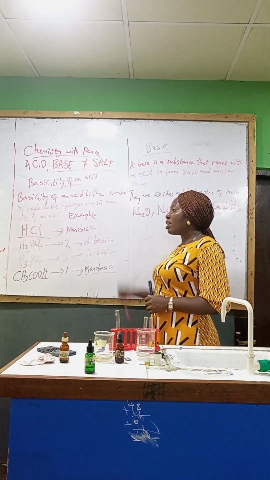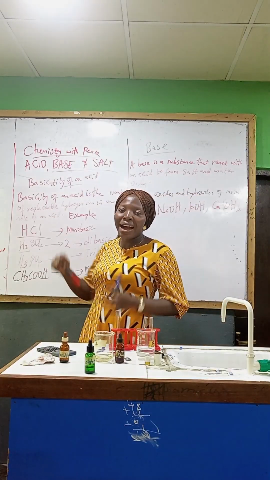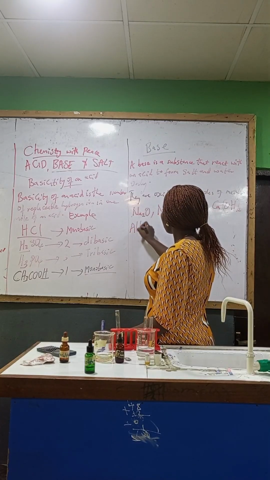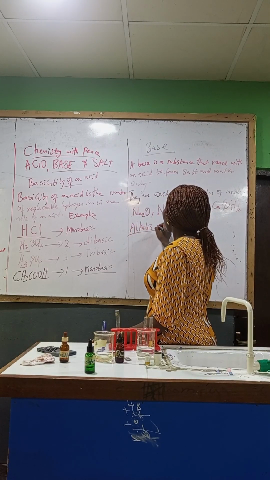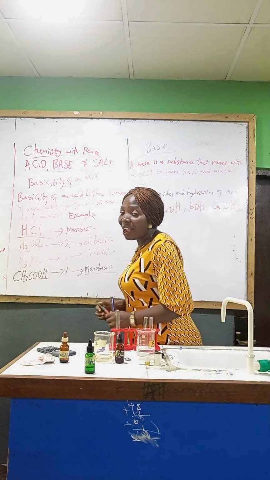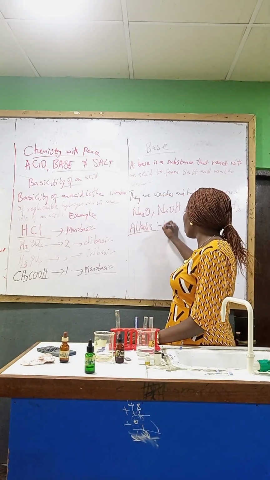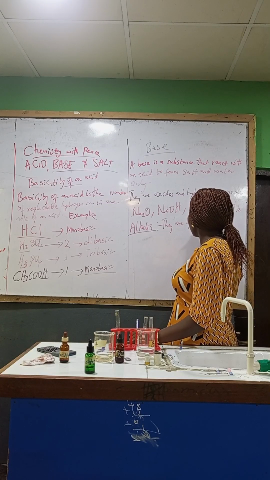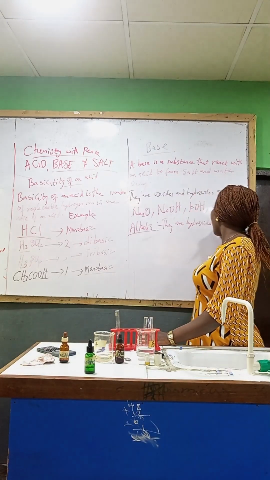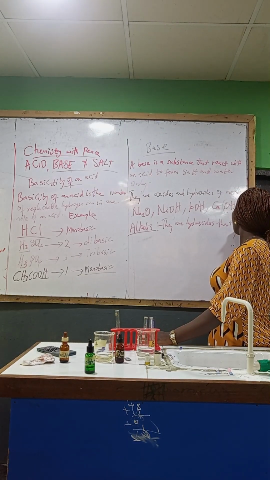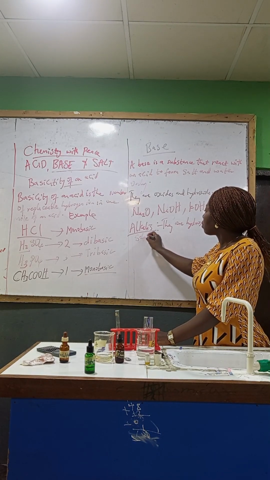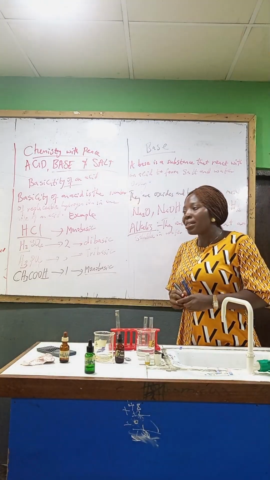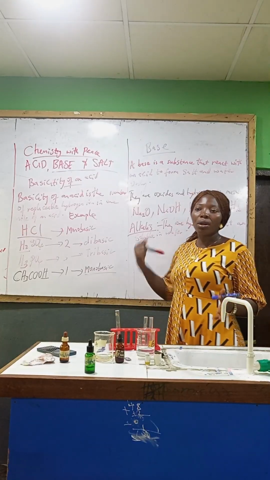And others. Then we also have what we call alkalis. Alkalis are hydroxides that are soluble in water. They are basic hydroxides that are soluble in water.